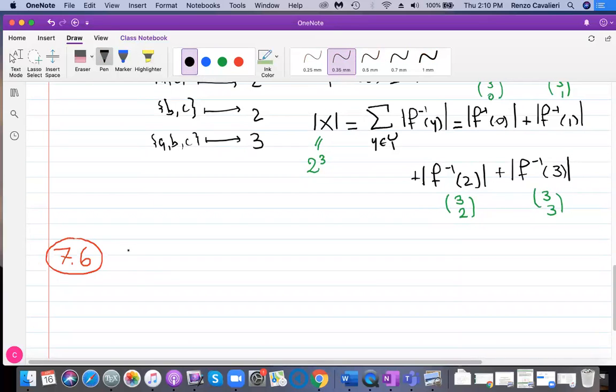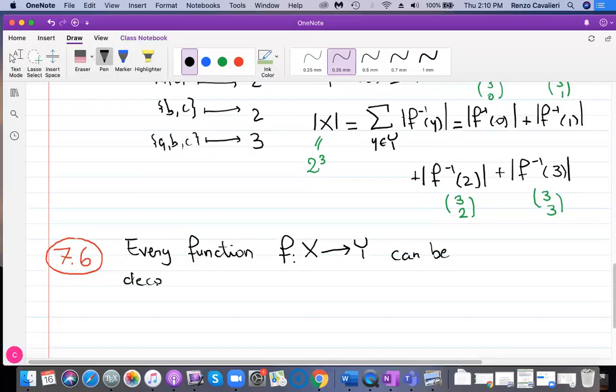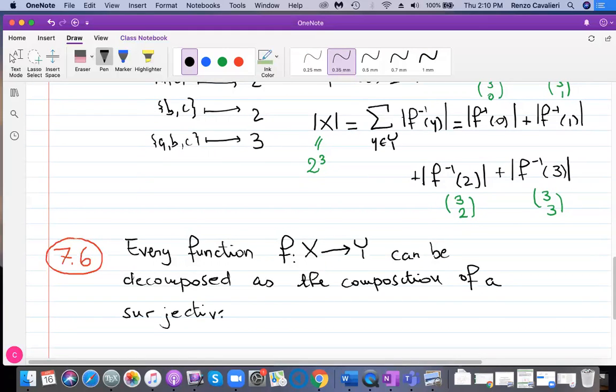Which is essentially saying every function f from x to y can be decomposed as the composition of a surjective function and an injective function.